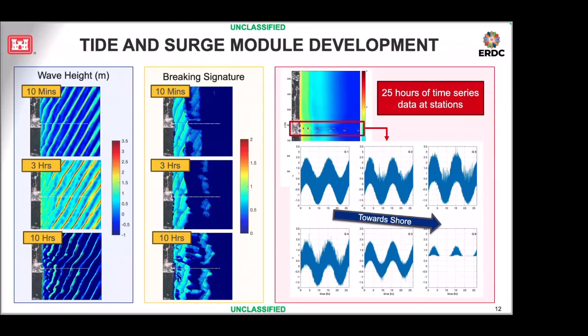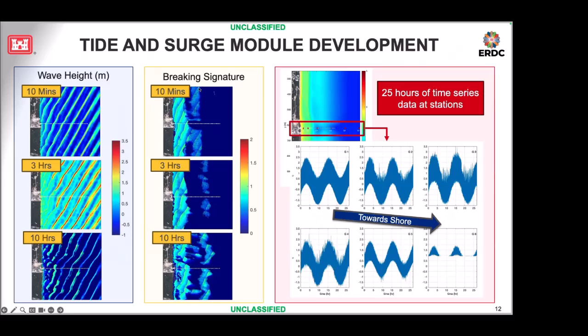In the left figures, we see the wave height at 3-hour and 10-hour intervals. Note the same color bar is used across all these plots. Here you can see the mean water level increasing at 3 hours and then decreasing by 10 hours. So we're modeling the waves riding on top of the tidal currents, tidal waves.